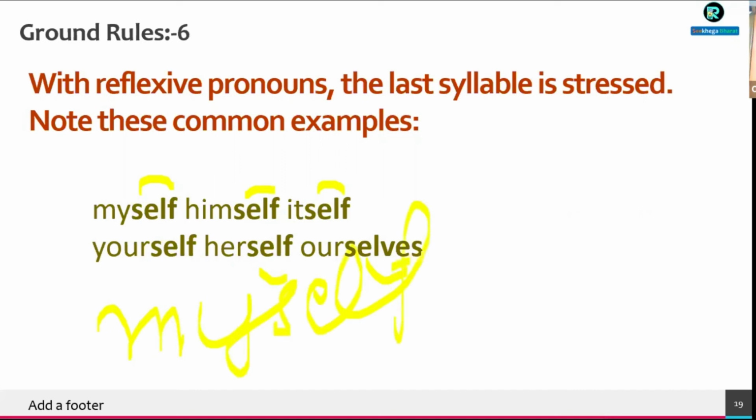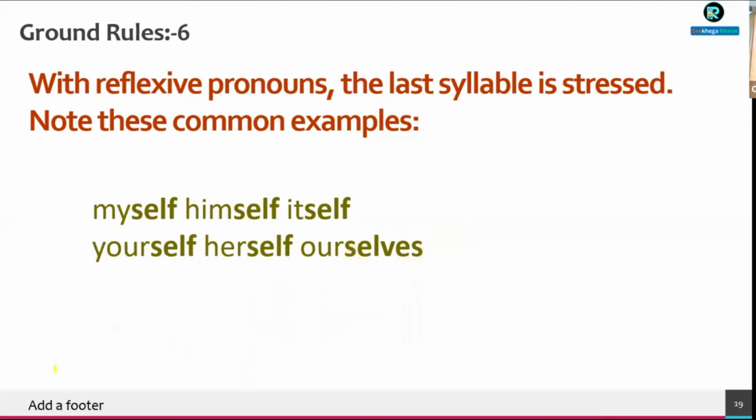You might have heard this. People give introductions like this. That is absolutely wrong. We say, I am Ritesh, my name is Ritesh, this is Ritesh. All these are correct. But myself, Ritesh, is wrong because this is a reflexive pronoun. It cannot be used as a subject.